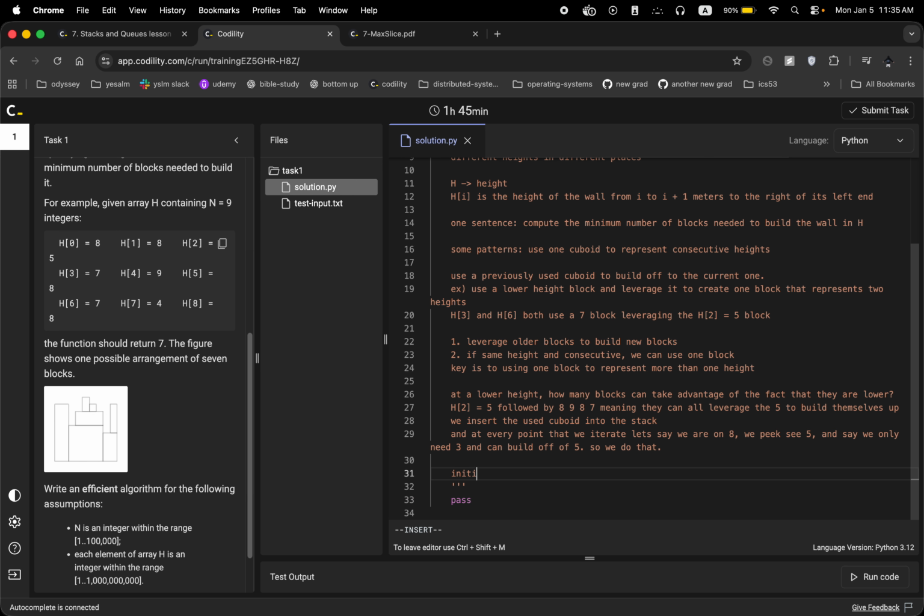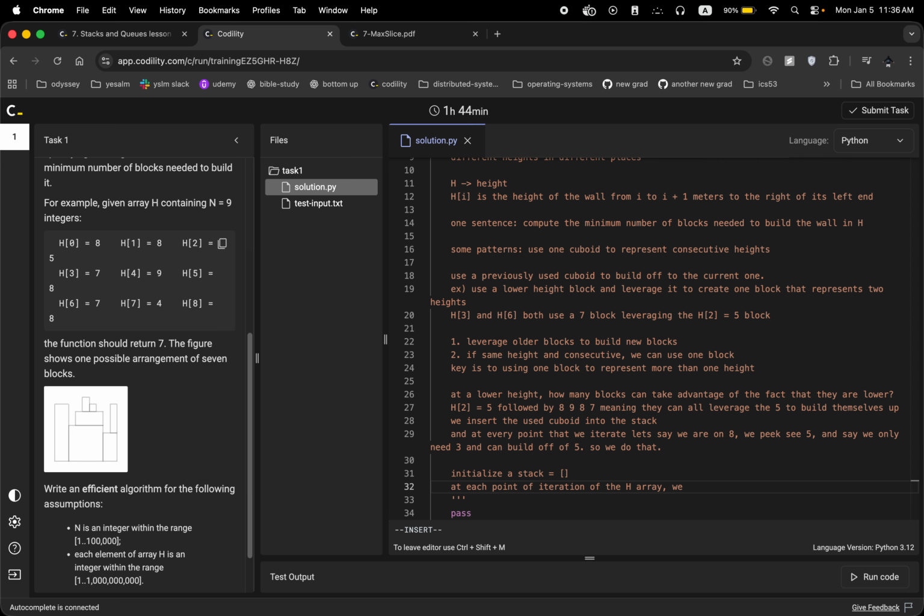We need a stack. Initialize a stack. And at each point of iteration of the H array, we look at a tower.